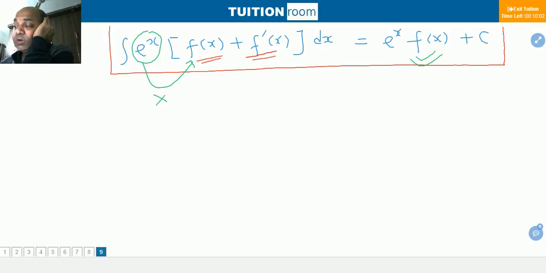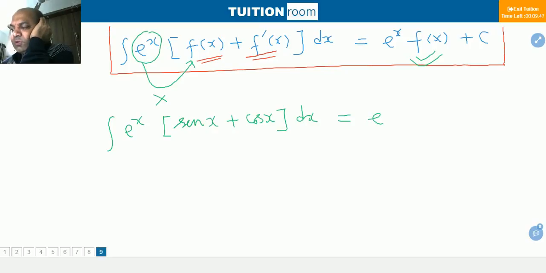Integral e raised to power x times log x plus 1 by x dx. Its answer will be directly e raised to power x log x plus some constant. E raised to power x into function. Here at the right hand side there is the differentiation of the given function.